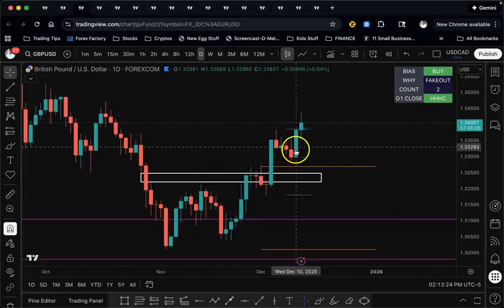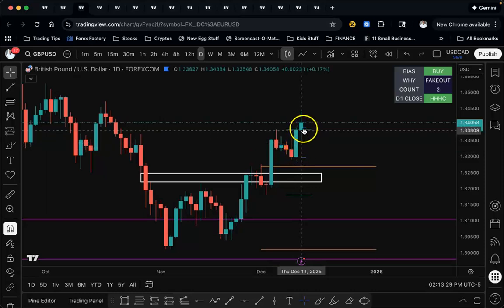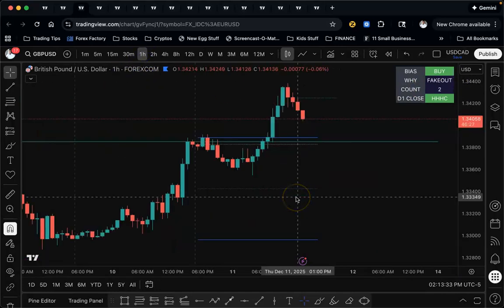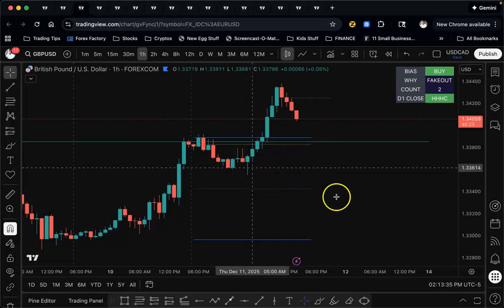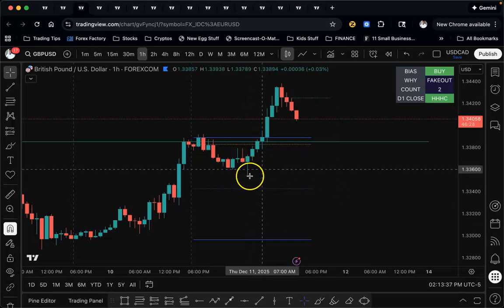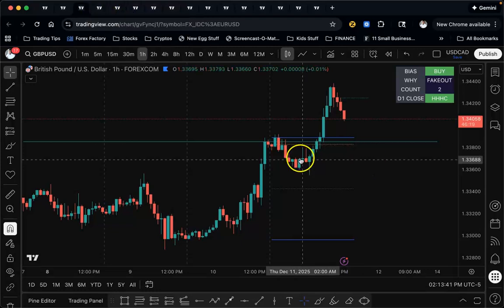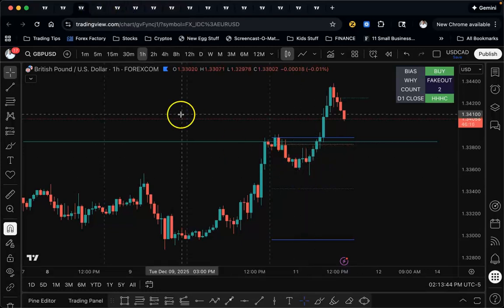Bias was buy at the close of the candle yesterday, and today we rallied. So we were looking for longs on the H1. Go long here, after that low raid. My conditions weren't met, but looking at it, I'd be like, oh, I could go long there.